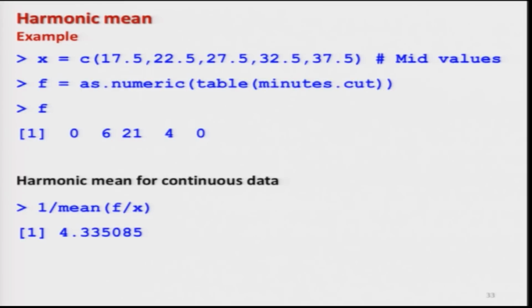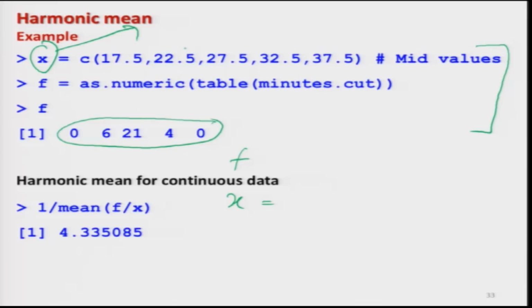Similarly, if you want to consider this data as continuous data, as we obtained the frequencies in the geometric mean case, up to that point you have to copy the same thing, and finally we were getting the frequencies like this. Now you have the f vector and the x vector, where x is the midpoints.